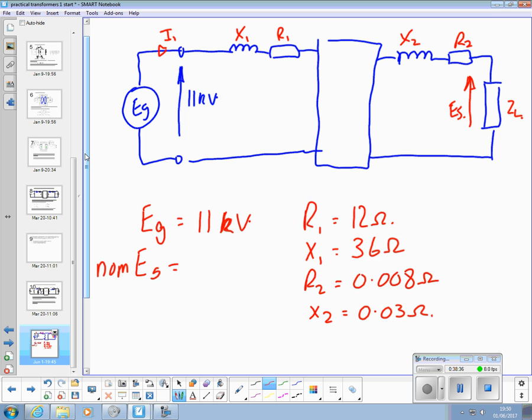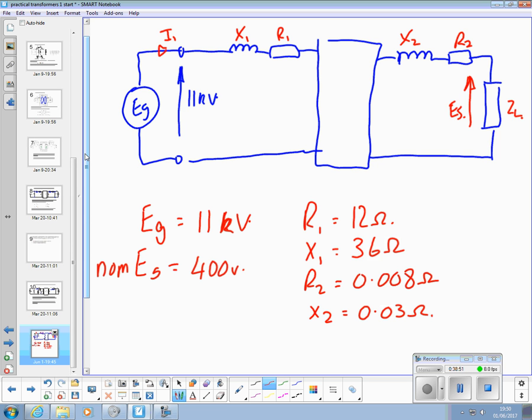I've written nom in there, the nominal ES, i.e. the stated secondary voltage, 400 volts. That's what the nameplate says.